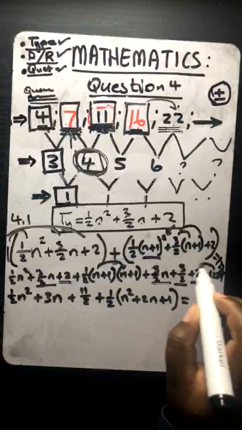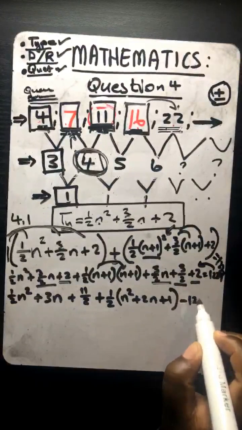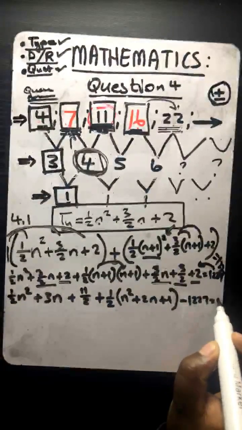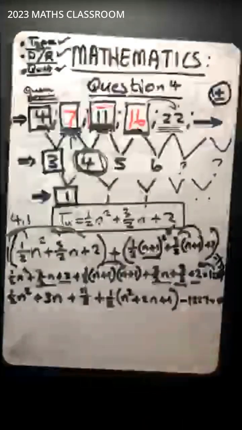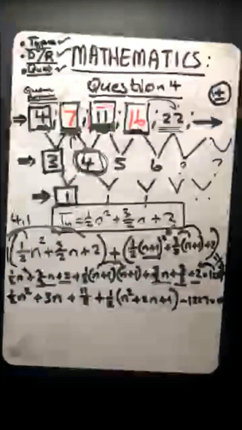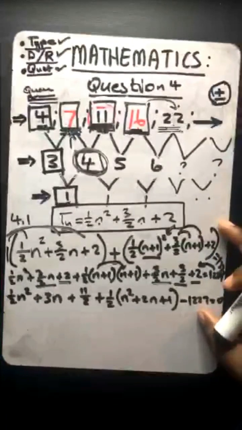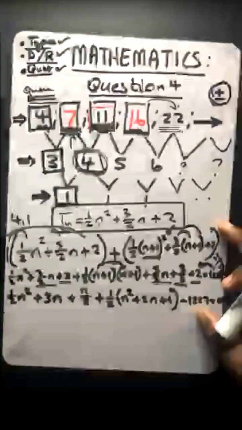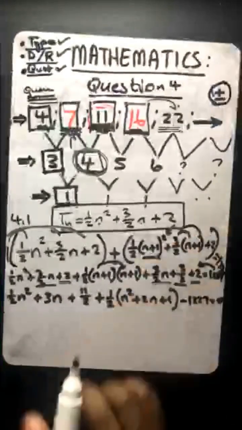Maybe let's take it to the other side and then it changes the sign. It becomes minus 1227 so that we equate it to 0. We are actually trying to get to a point where we factorize. Someone might be lost in terms of the calculation of that, but let me not wait and continue with this momentum and get somewhere. Then we'll discuss everything afterwards.